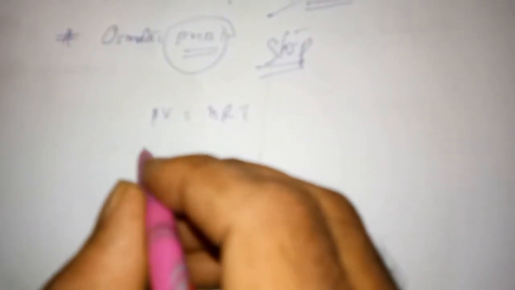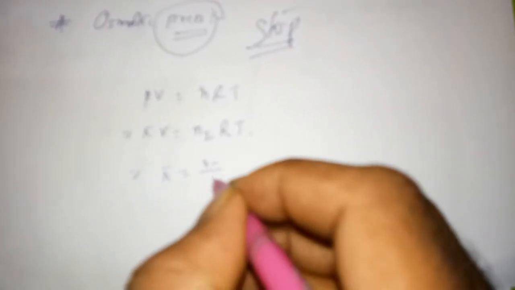Now if I have the equation PV equals nRT, in osmotic pressure this P becomes pi, and since it is for solute, the number of moles of solute is n2, so pi V equals n2 RT, which implies pi equals n2 by V into RT.